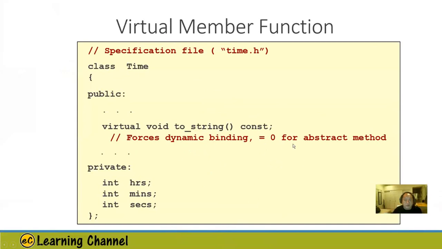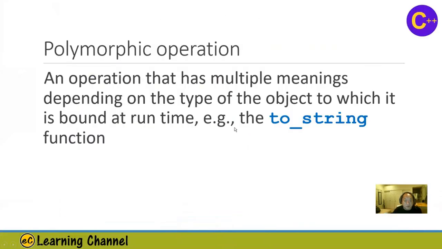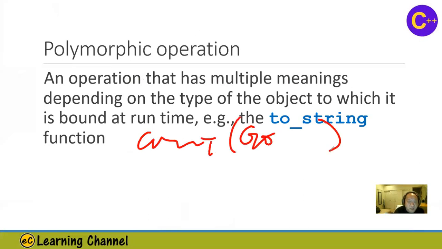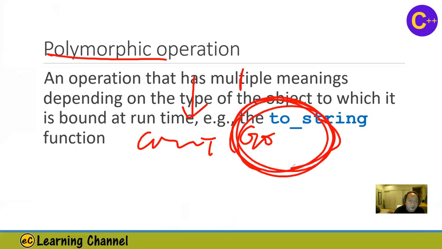It allows you to have different definitions for that virtual function. Static, you don't allow it. So this is called a polymorphic operation. Okay, a polymorphic operation is like a function, like this compare to that uses a geo object. This one is called a polymorphic method because you can operate on objects of different types, right?